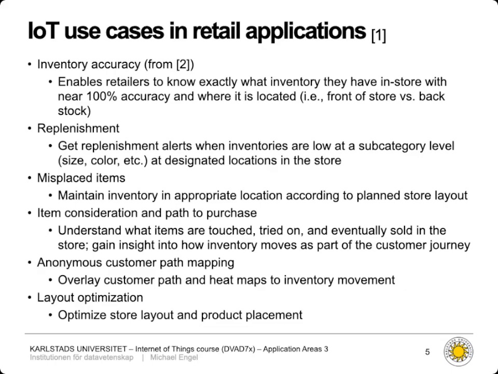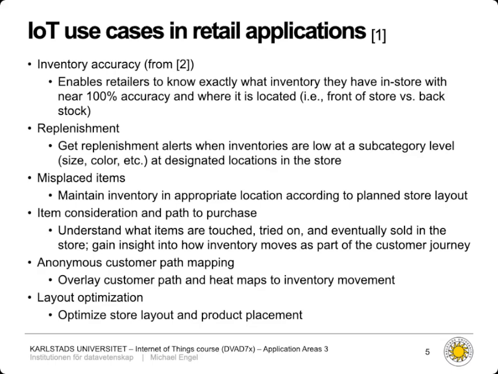So you want to have an alert for replenishment as soon as the second to last or third to last item of a certain article is sold. Especially, you also want to do it at a subcategory level. Like, for example, you're selling clothes, so you have trousers, but of course, these trousers might have different sizes, different colors.